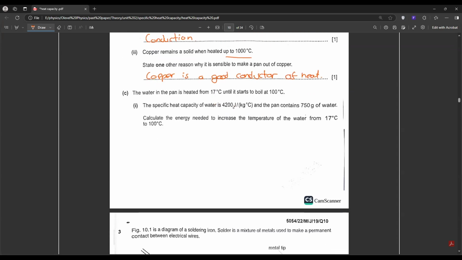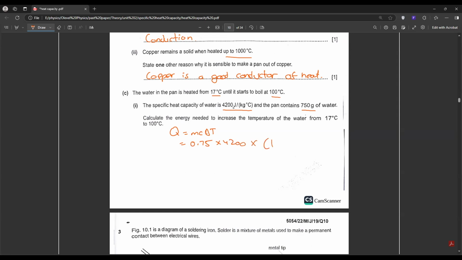The water in the pan is heated from 17 degrees centigrade until it starts to boil at 100 degrees centigrade. The specific heat capacity is given, and the pan contains 750 grams of water. Can you calculate the energy? Very easy. Q equals m c delta T. What will your mass be equal to? 0.75. What is your specific heat capacity equal to? 4200.